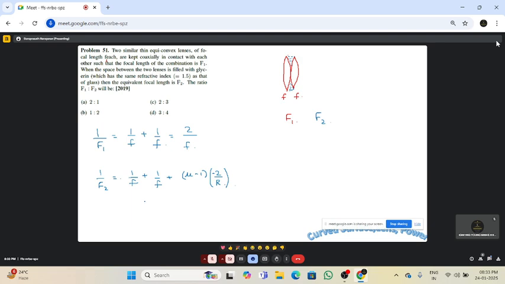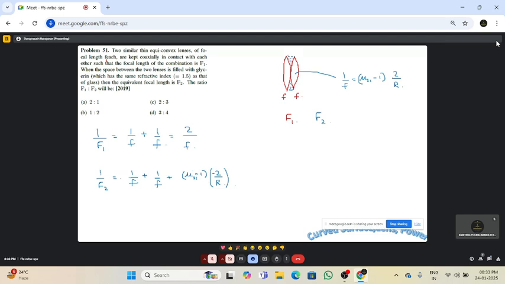I don't know the F. What can I do? Any suggestions? For this lens, if we go and see, 1 by F is equal to mu minus 1 times 2 by R. So whatever radius is in the lens, the same radius will be in the concave glycerin lens. And the refractive index is also the same. So this is 1 by F is equal to this.